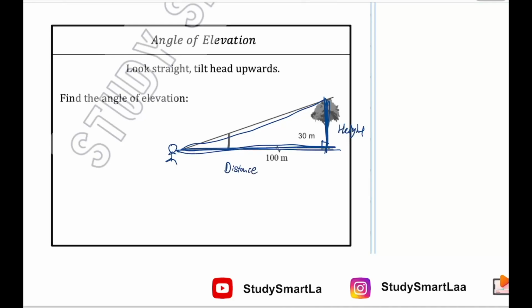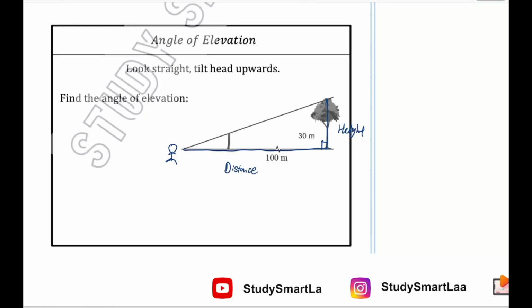And then this angle here is what you want to find. This is also a distance, but this distance from your eye to the apple is actually forming your hypotenuse over here. All right. So with that, because it is a right angle triangle, we can use our Torcaso to find the angle of elevation.